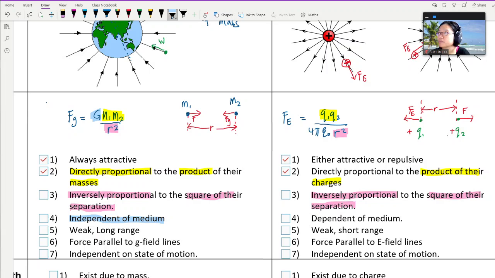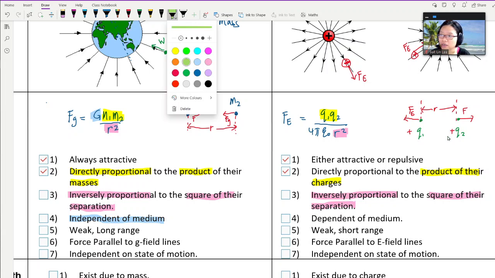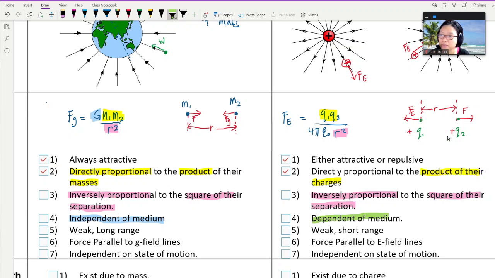I'm just going to swap out the color. This is dependent on the medium because of this term epsilon naught. If you need a refresher, epsilon naught is the permittivity of free space, so this one is for vacuum only.